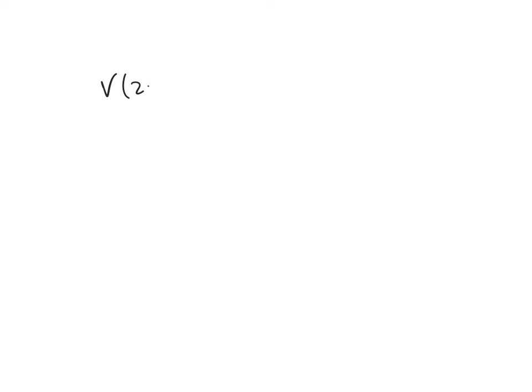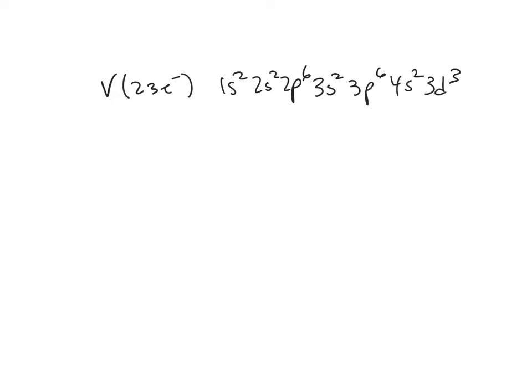Alright, then here. So vanadium is 23 electrons, and what we want to do, go back to the periodic table here. Let me write it out again. So you have 1s2, 2s2, 2p6, 3s2, 3p6, 4s2, 3d3.